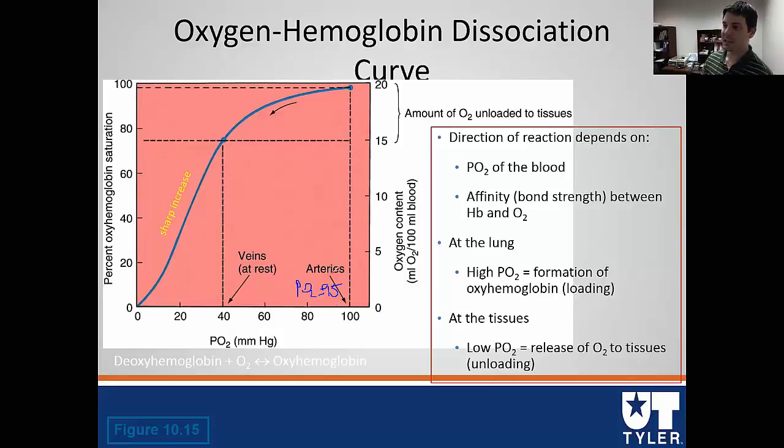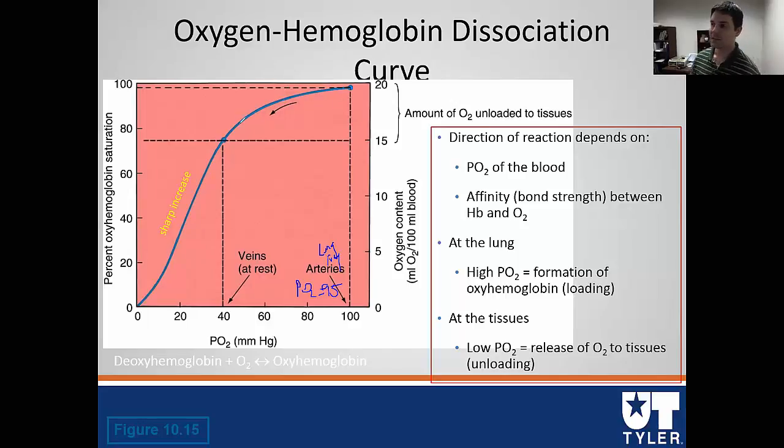So as you can see, when the PO2 is very high, the percent of saturation of hemoglobin is nearly 100%, right? So what that means is at a high PO2, or in our lungs, for example, which is 104, the hemoglobin becomes fully saturated. All four sites are going to be carrying oxygen. Hemoglobin is now going to be converted into oxyhemoglobin by the binding of oxygen.